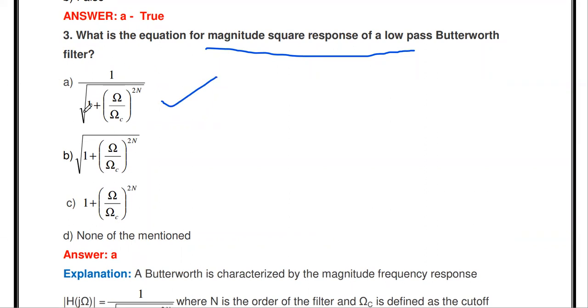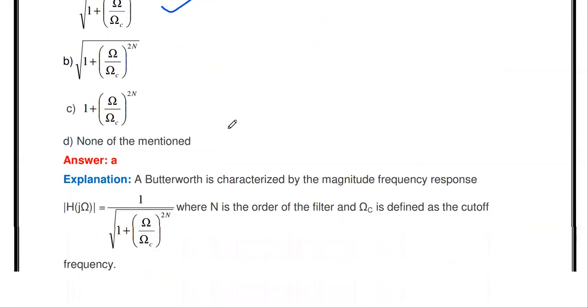So this is the magnitude square response of the Butterworth filter. This is the standard equation. You just remember it. Already you know this equation; in order to solve the problem, you should already know this one. So 1 divided by square root of 1 plus omega by omega c to the power 2n is called the magnitude square response.